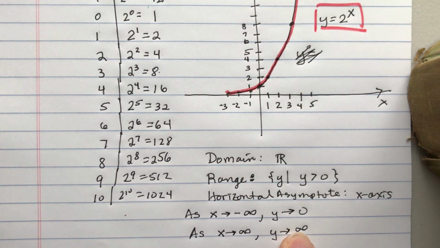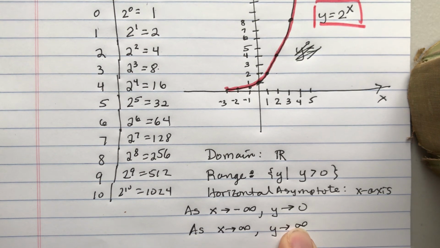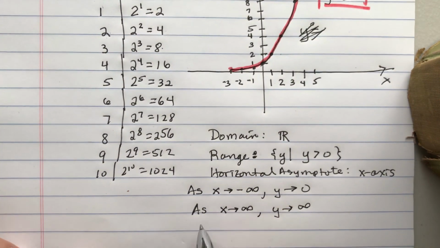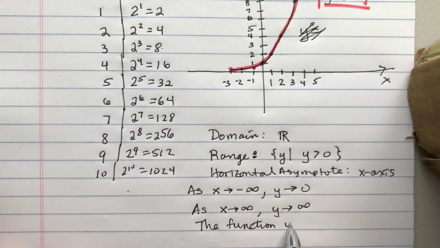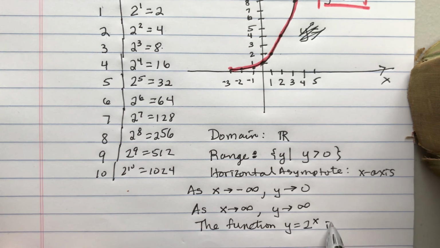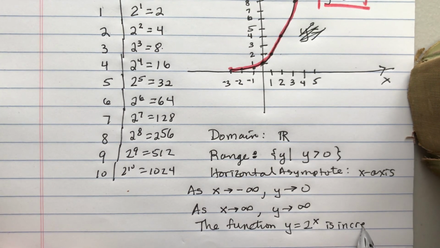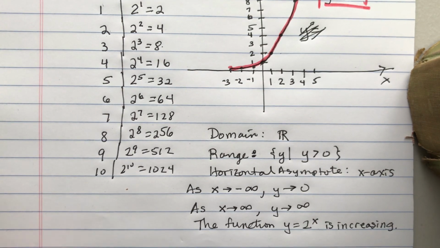What this means is y gets larger and larger without bound. And the function y equals 2 to the x is increasing. So throughout its domain, it's increasing. Okay, so we'll stop there.